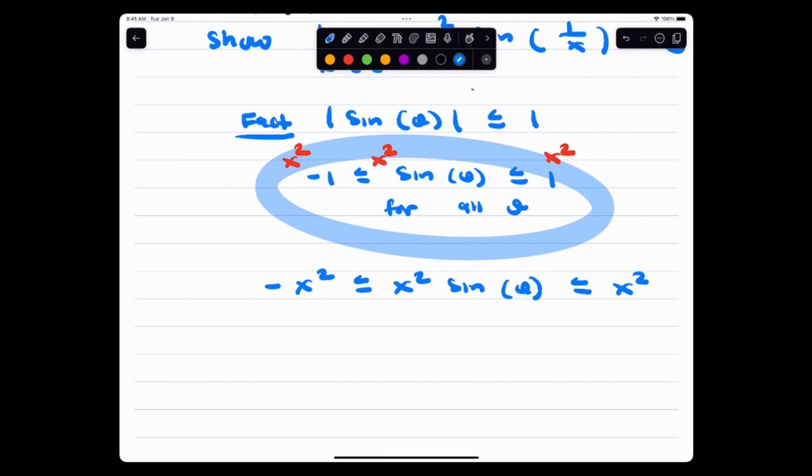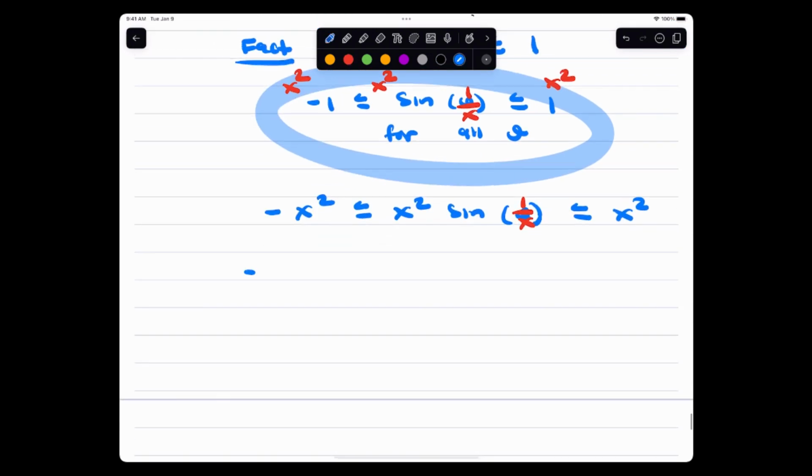In this case, we're also going to let that theta be 1 over x, so it's sine of anything. So what you're really looking at now is negative x squared less than or equal to x squared sine 1 over x less than or equal to x squared.